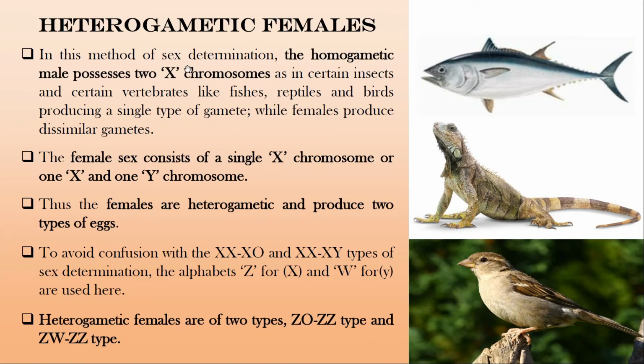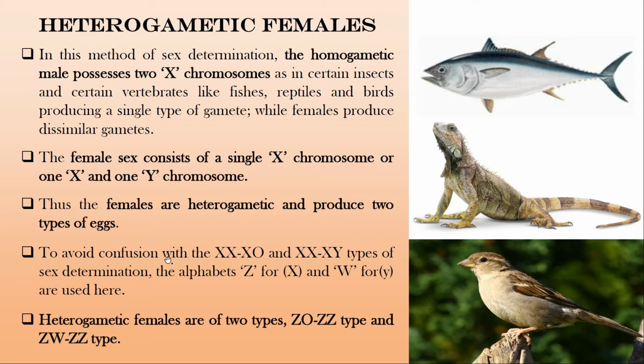Here in this method of sex determination, homogametic males possess two X chromosomes, whereas the females produce dissimilar gametes. Female sex consists of a single X chromosome or one X and one Y chromosome. This type of sex determination is seen in certain insects, fishes, reptiles, birds, etc. Thus the females are heterogametic and produce two types of eggs, whereas the sperms produced will be of a single type.